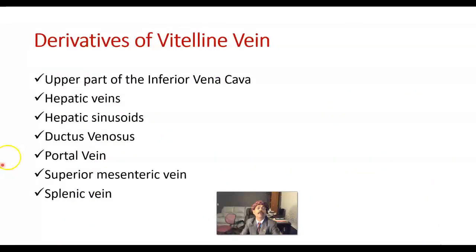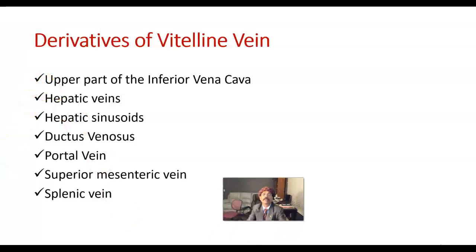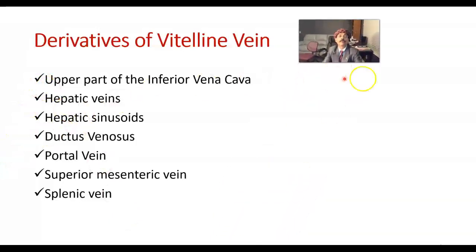Now we find the derivatives of the vitelline vein: the upper part of the inferior vena cava, hepatic vein, and hepatic sinusoid. The developing liver in the septum transversum breaks down the vitelline vein and forms the hepatic sinusoid and the hepatic vein.